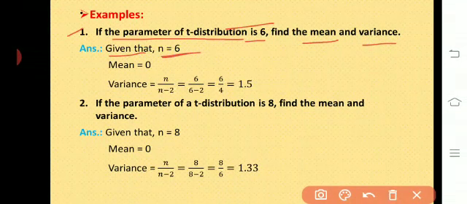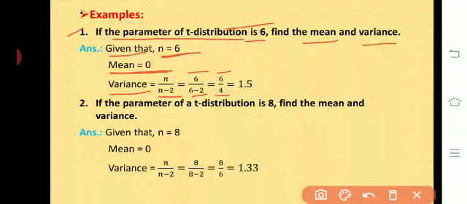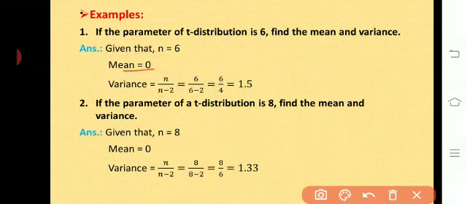Now we know that for t distribution mean is always equal to 0, and the formula for variance is n upon n minus 2, that is 6 divided by 6 minus 2, that is 6 divided by 4, which is 1.5. So mean of the t distribution is 0 and variance is equal to 1.5 for parameter 6.